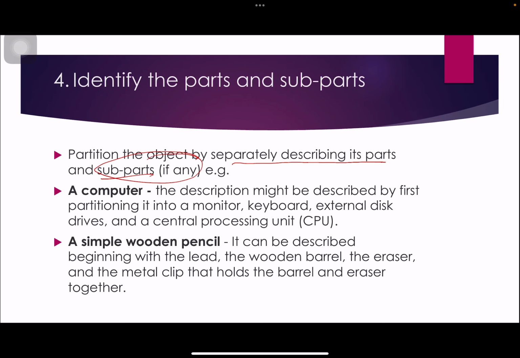When you are describing it, maybe you put it into several main parts such as the monitor, part number 1, keyboard, part number 2, external disk drives, part number 3, and lastly central processing unit, part number 4. So you can see that there are 4 main parts when it comes to a computer.